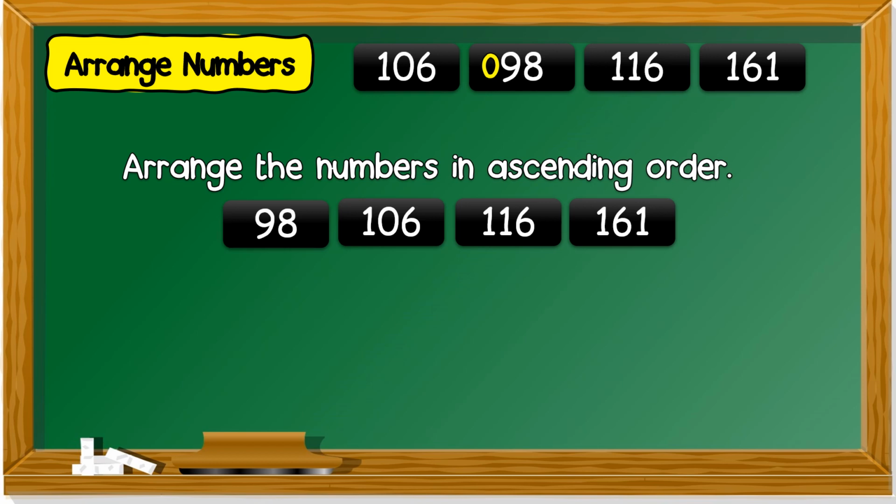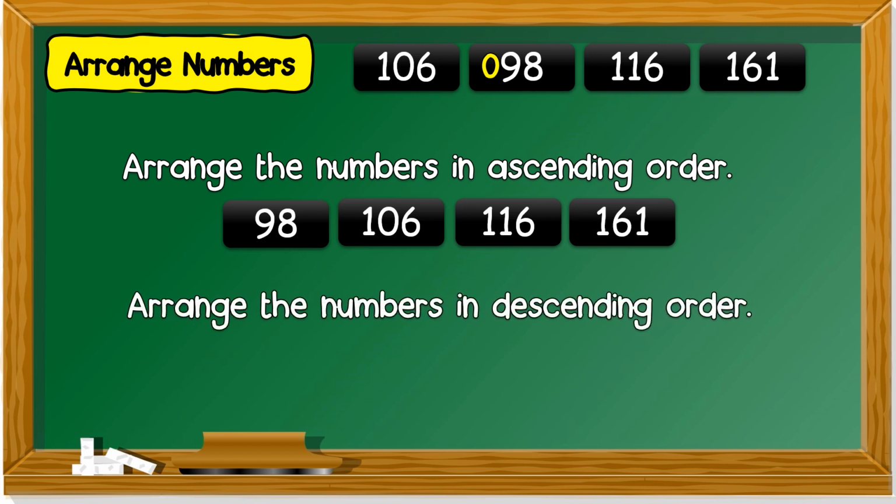Next, we arrange the numbers in descending order. Descending is from largest to smallest. Okay, we look at the hundreds. All the hundreds, except for 98, are 1. So we don't know which one is the largest yet. How about we compare the tens?